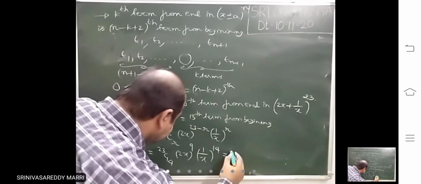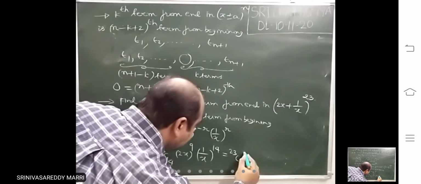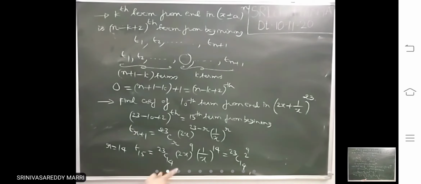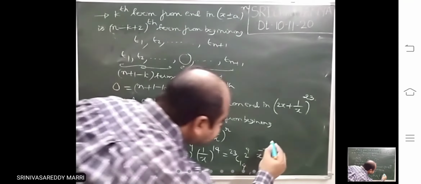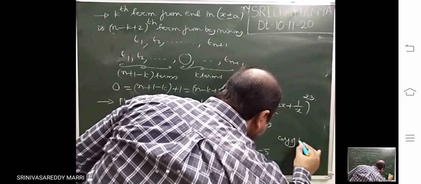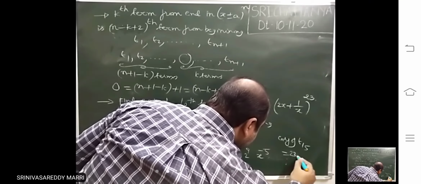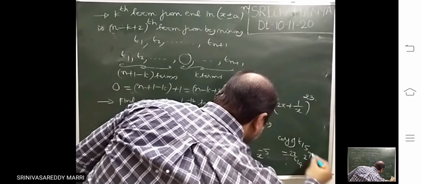The coefficient you need is 23C14 into the constant 2 power 9, and x power 9 divided by x power 14 gives x power minus 5. This is the term. The coefficient of T15 is nothing but 23C14 into 2 power 9. That is the answer.